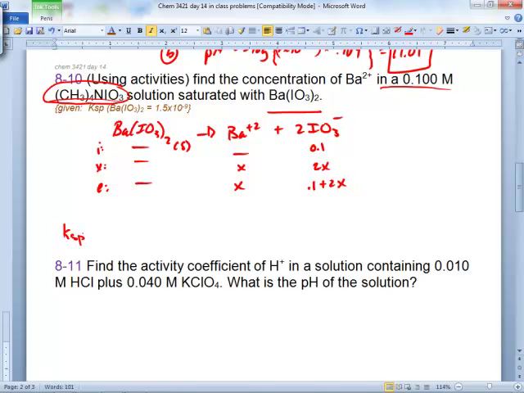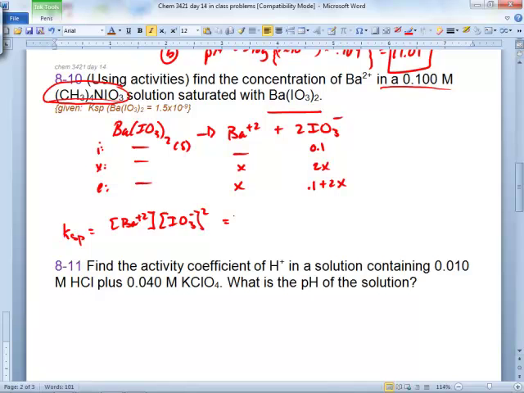The KSP equals the concentration of barium times the concentration of iodate squared. Good. I like that she said this, because now we know we're supposed to use activities, so it'll be a lot easier to substitute now.